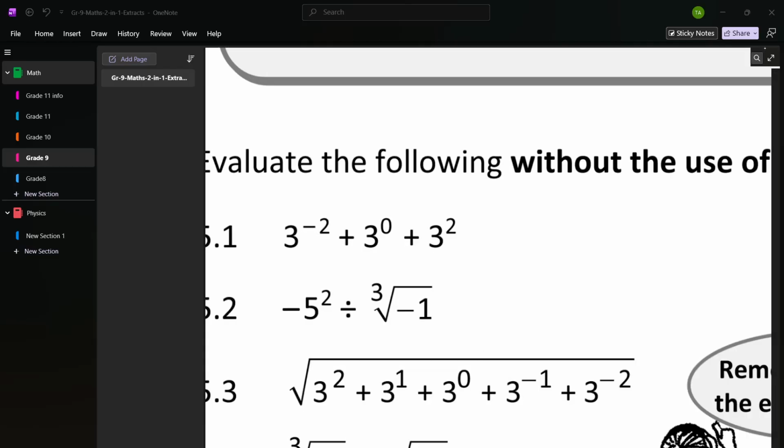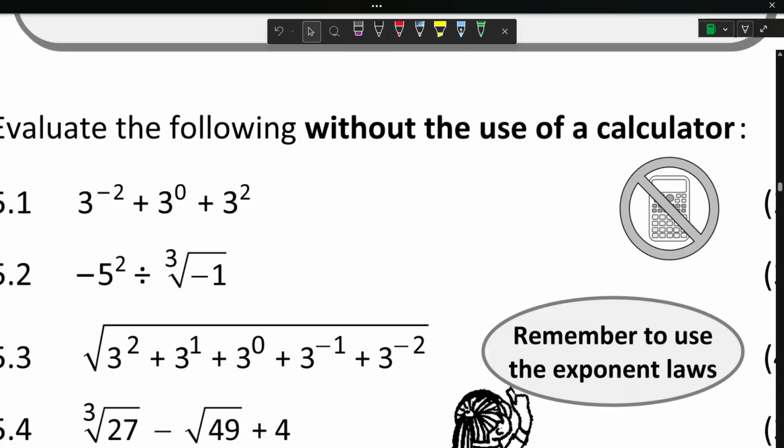So, 3 to the -2 plus 3 to the 0 plus 3 squared. When we have a negative exponent, it's like saying 3 to the -1 is 1 over 3 to the 1.